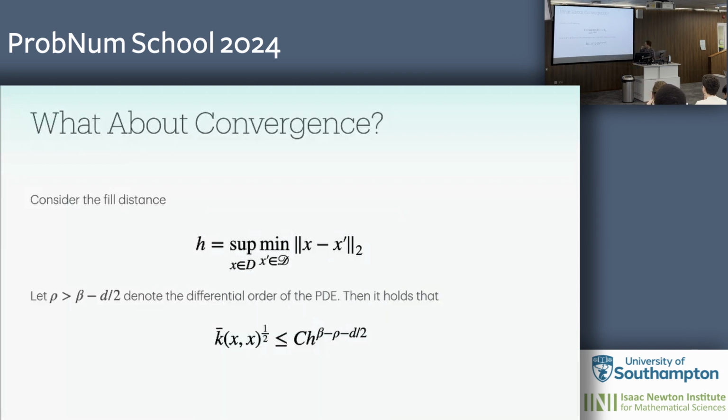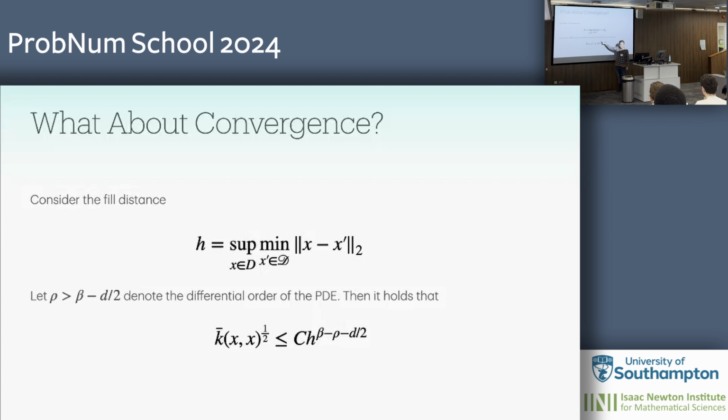So that's the mathematical expression for it, and basically what we can show is that if rho is the differential order of my PDE, so that's the maximum number of derivatives in any of the equations that describe the PDE, then the square root of my posterior covariance can be bounded above by h to the beta minus rho minus d over 2.